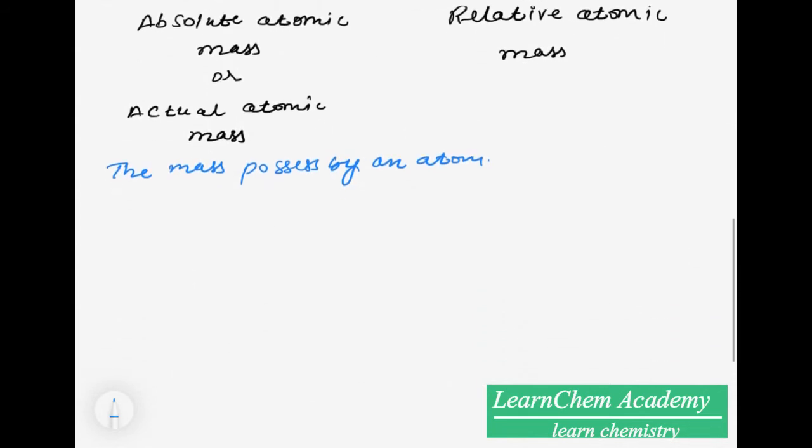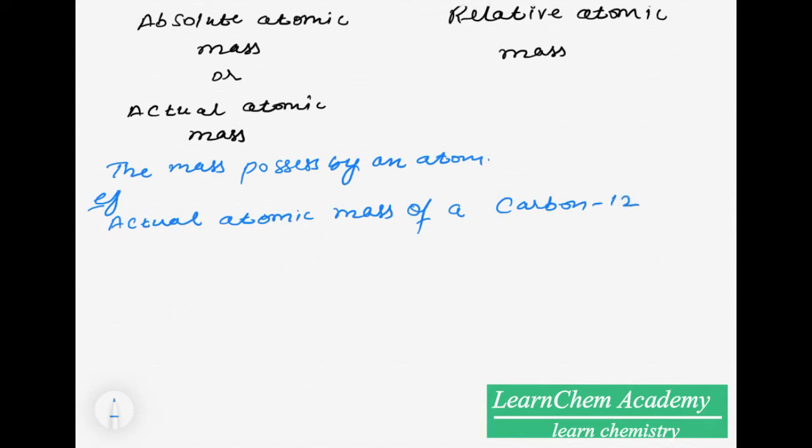As an example, the actual atomic mass of a carbon-12 atom is 1.99 into 10 raised to power minus 23 gram.